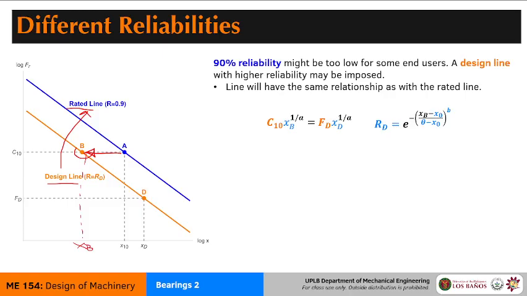For example, let's say A here is supposed to live at about here. But if you want to use C10 for, let's say, 95% reliability, then in order to have an additional 5% survivability rate, the expected life will actually decrease. So when you increase the reliability, again, your life tends to decrease.